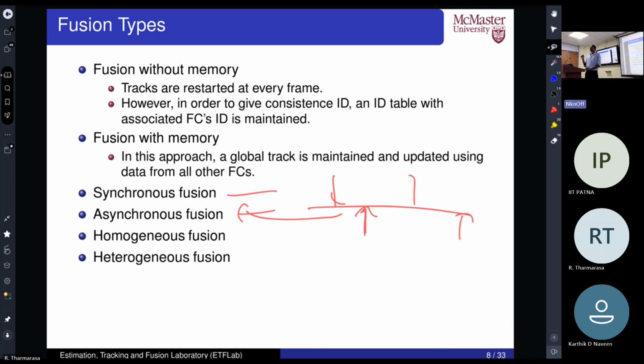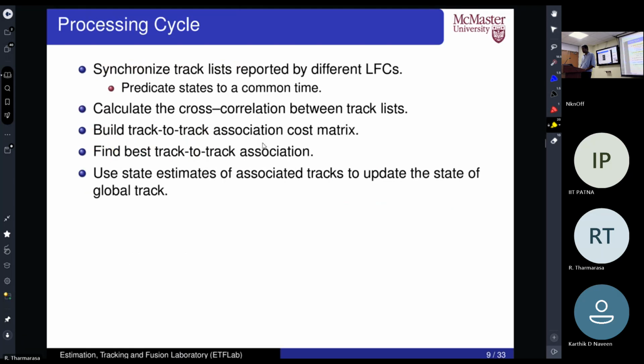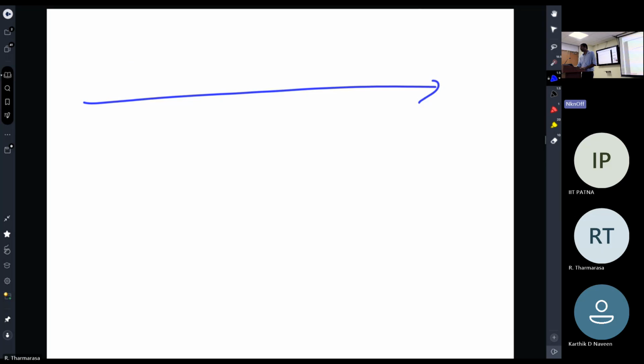Now I am going to talk about the important part: fusion with memory and fusion without memory. Let's assume first a synchronous case. You have the synchronous tracks here and here.